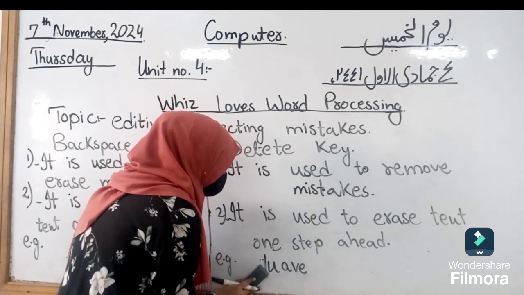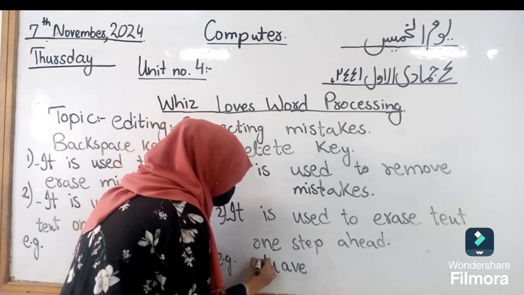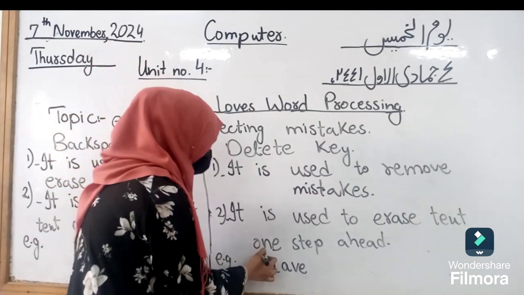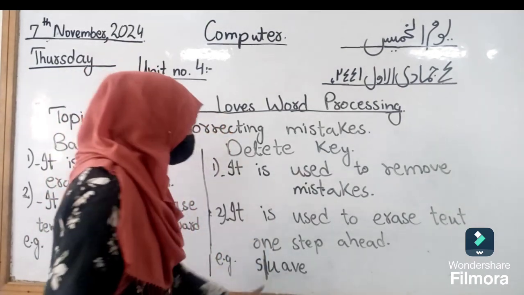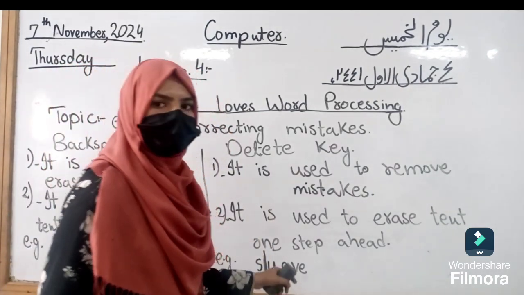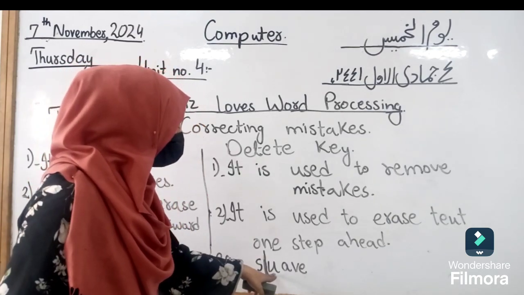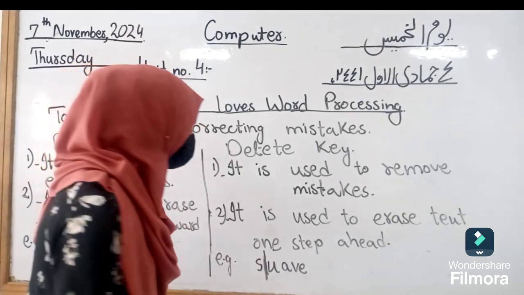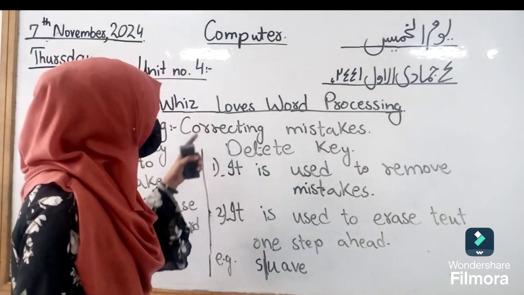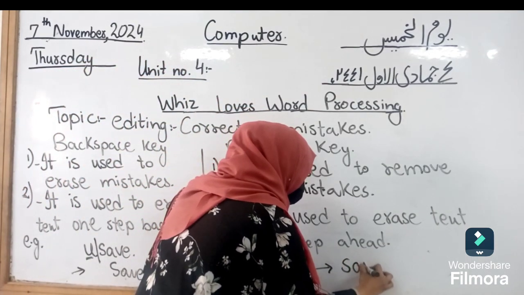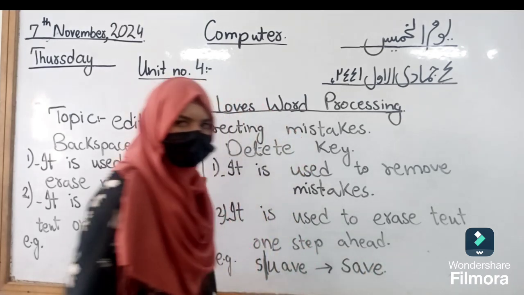Now, what you are writing was save. And in save, this is your cursor, and there is U that is written by us mistakenly. So you need to erase this U text. Okay. So you will use the delete key, and the resulting text will be save.